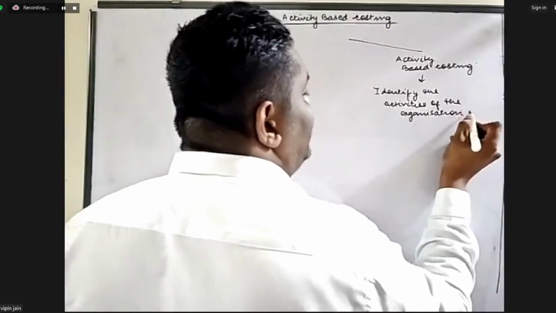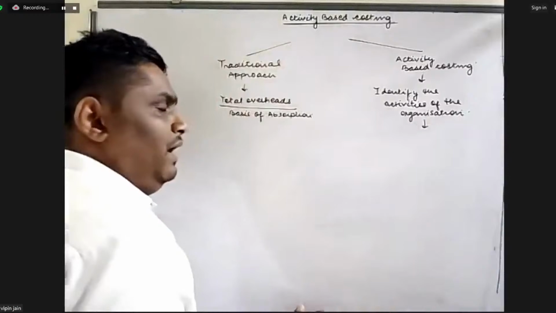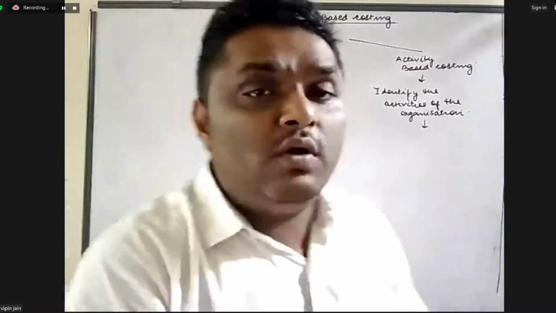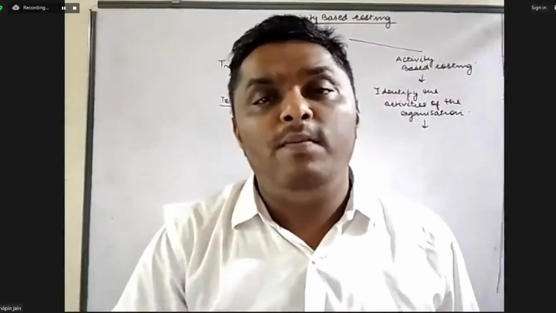First identify the activities of the organization. Once the activities are identified, whatever cost is associated with that activity will be grouped together to form cost pools.